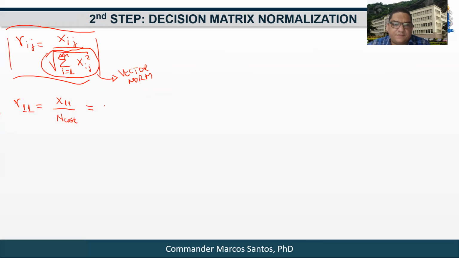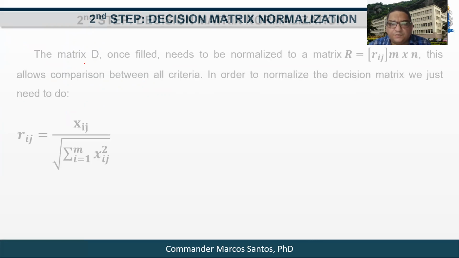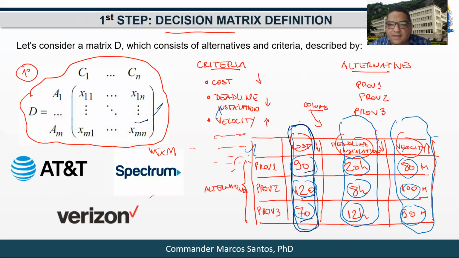So we have X11. If we came back here, we have X11, where X21 and X31. Here, X12, X22, and X32.